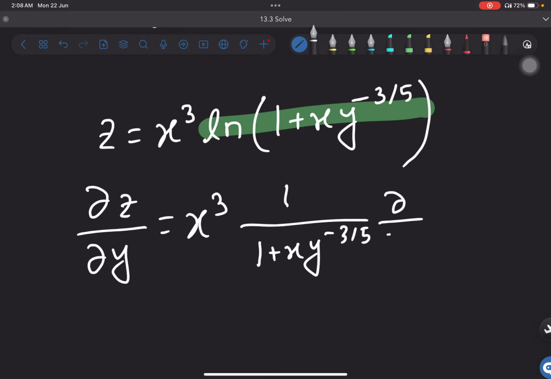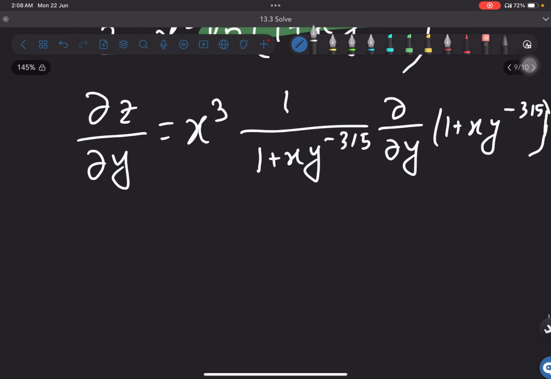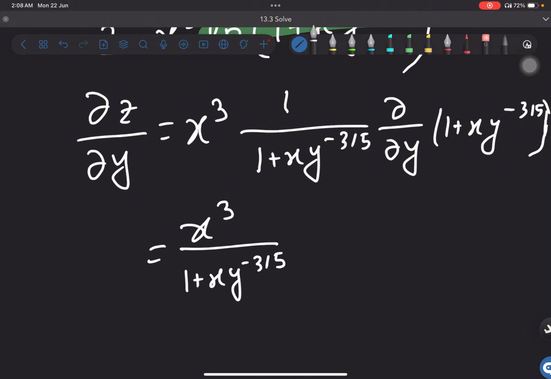And now when we do del y of 1 plus xy to the power minus 3 by 5, if I show you, same thing, x cube over 1 plus xy to the power minus 3 by 5, and then 1 is a constant, so 0. And over here, x is a constant because we're differentiating with respect to y. So x, and then the power of y becomes minus 3 by 5.